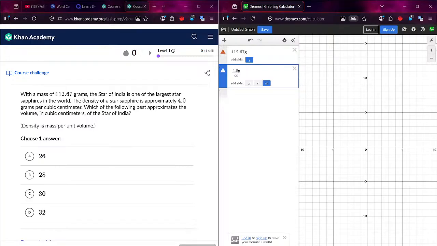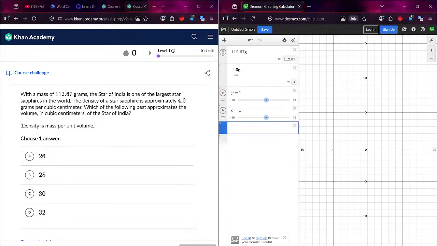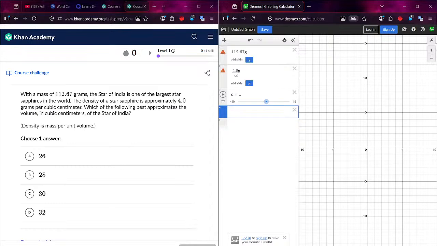My mind is kind of blanking right now, but there has to be 1 gram every 1 cubic centimeter every 4 grams.